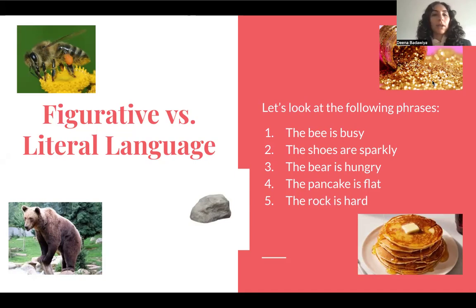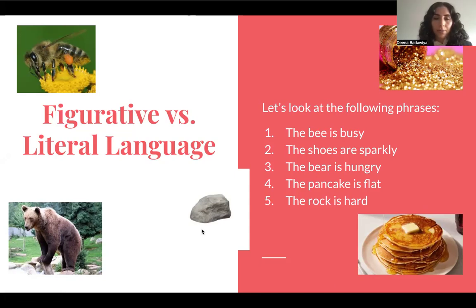The bear is hungry, exactly. So this is a bear, and when a bear wants to eat and they are hungry, they start to go looking for food. The pancake is flat, so these are pancakes, and the shape is flat, right? So it's very surface like this, almost kind of like a table, right? And you have here the rock.